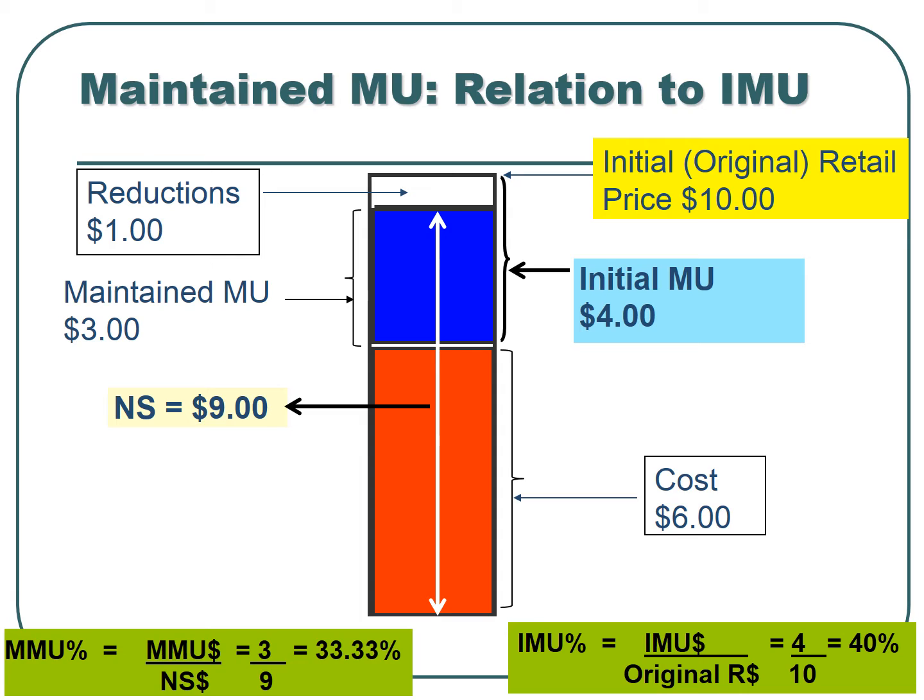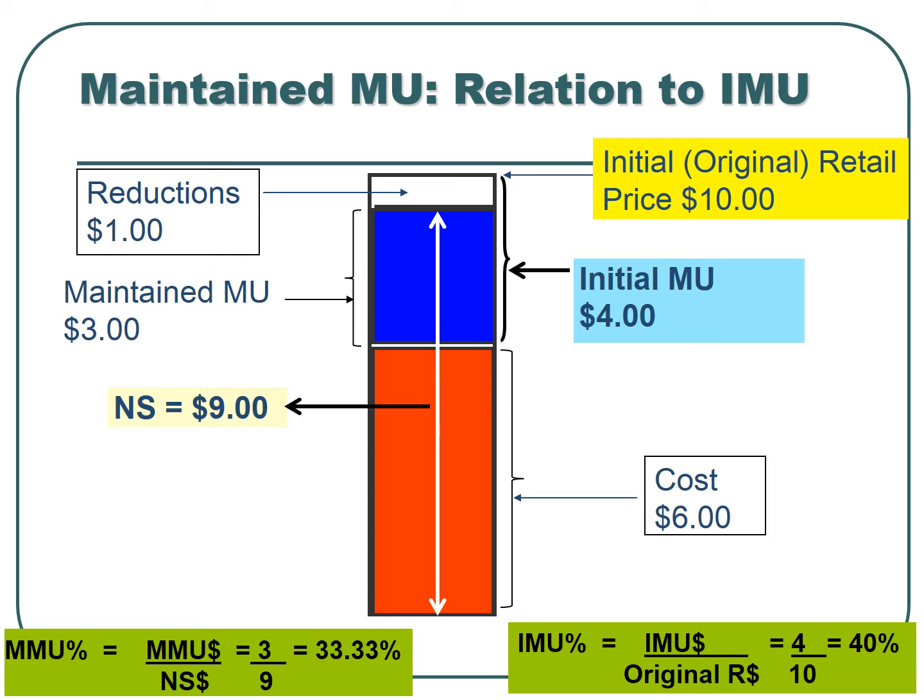Original retail of $10 equals the net sales of $9 plus the reduction of $1. From that, we can also derive another formula: net sales equals original retail minus reductions. How do we calculate net sales? That's taking off the reduction of $1 from the original retail of $10. That gives us the net sales of $9. It's a very easy way to think about it.